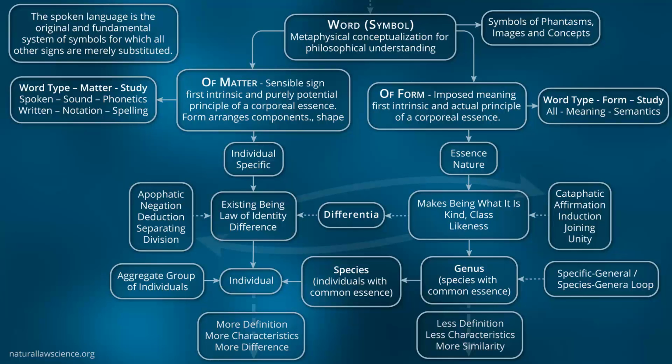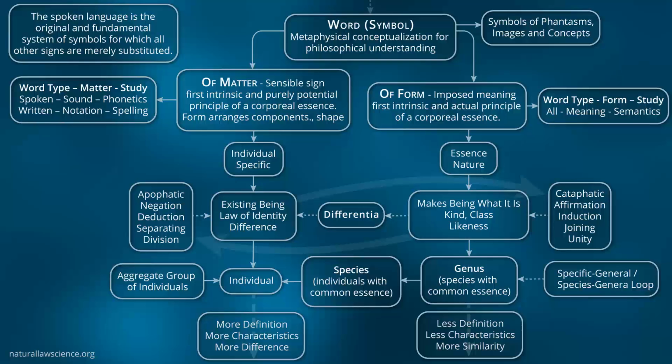Symbols have form and they have matter. The matter part is the sensible sign, and the form part is the imposed meaning. So matter, it's physical, it's around us, it's sensible. We can see it. It's detectable. It's the first intrinsic and purely potential principle of a corporeal essence. So corporeal essence is just something that exists in reality.